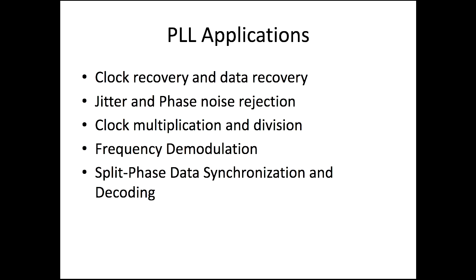So there is a simple experiment that can prove that a phase locked loop is required. The simple experiment is you are designing a system, a communication system, say an optical communication system.